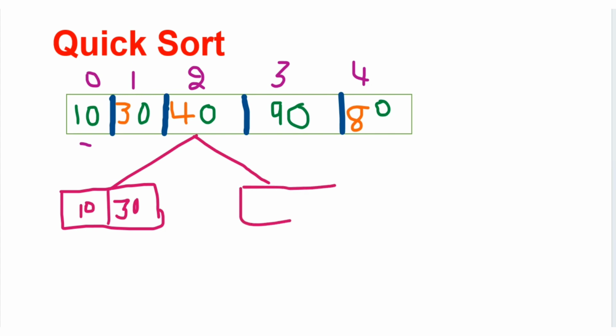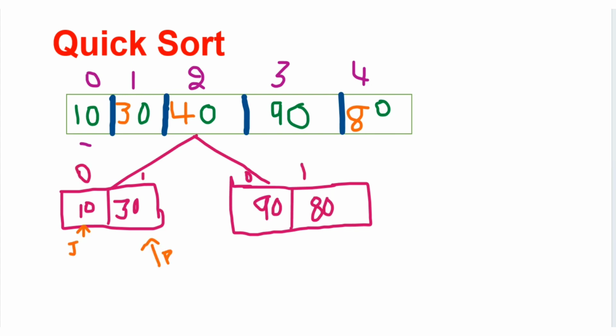The left sublist contains smaller elements, and the right sublist contains greater elements compared to the pivot element. Now this is the 0th index, this is the 1st index. Same, I need to sort this side.